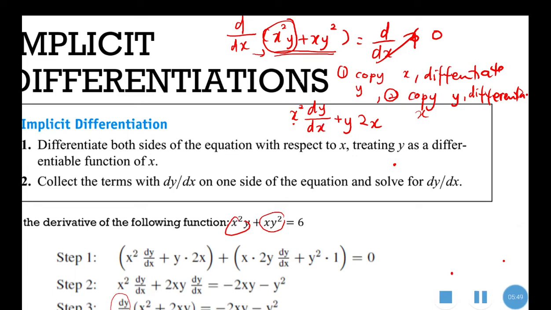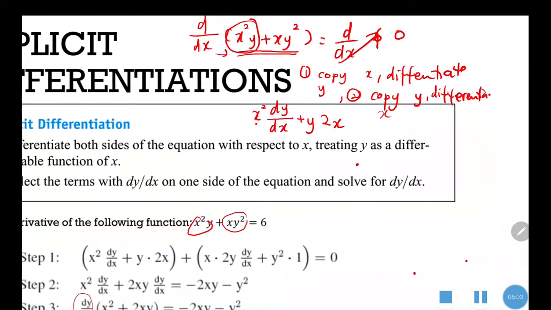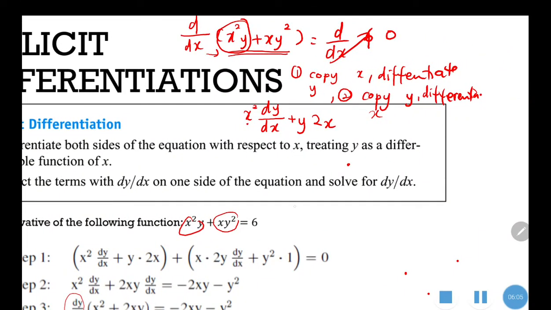Why does differentiating y give you dy/dx? This is why. I show you. For this part here, it will be d/dx of y. We have to go back to our original theory.